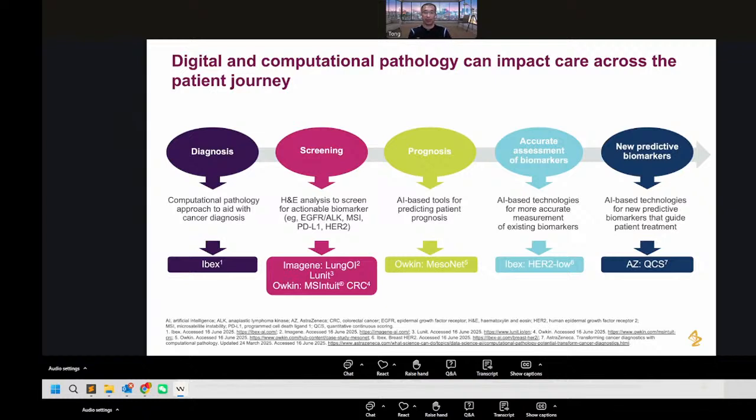You can see here a list at different stages for different purposes. There are also already quite a few AI companies or startups working on different angles. I think in the next couple of slides we'll talk about the timeline and which companies have which milestones. But overall, there are many AI-driven companies working on different biomarkers for different purposes at different stages.